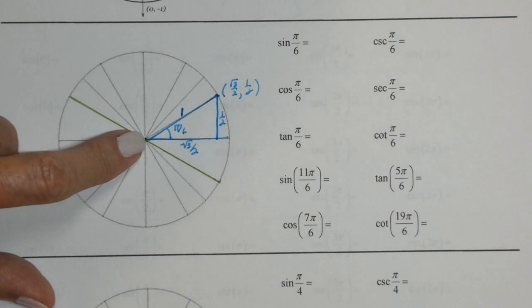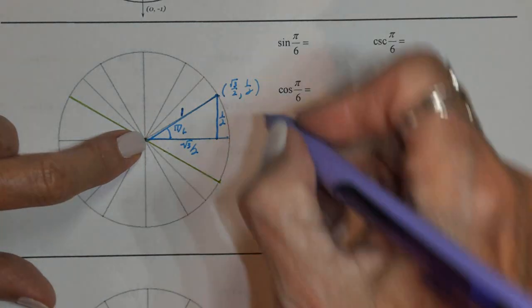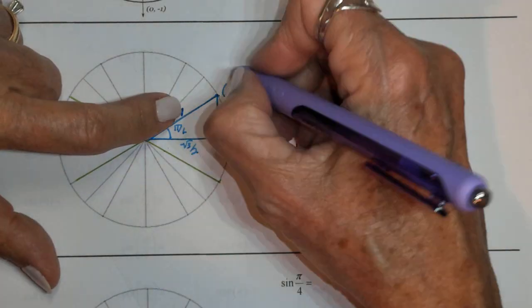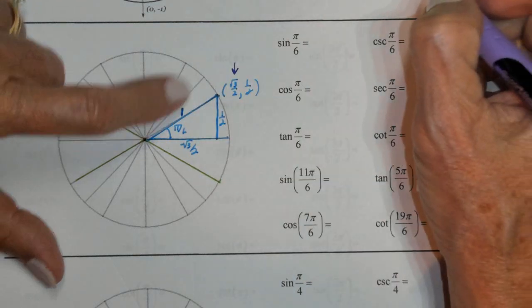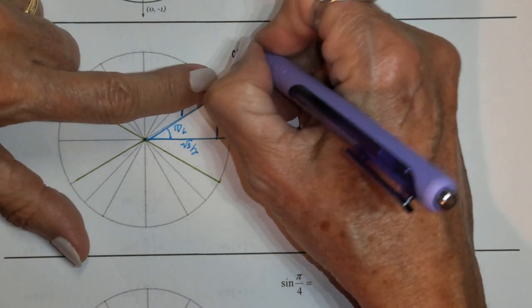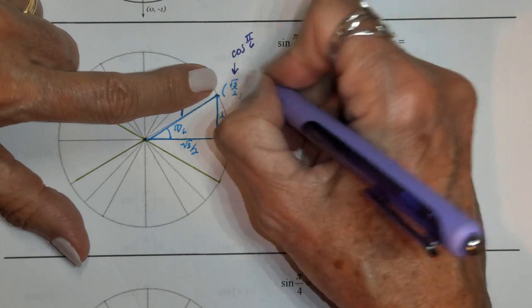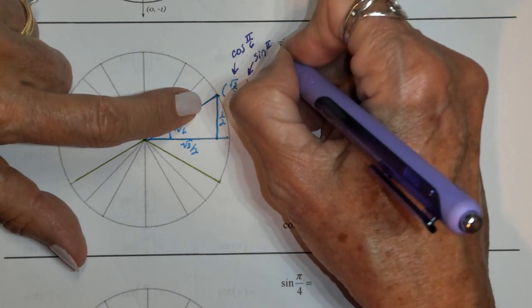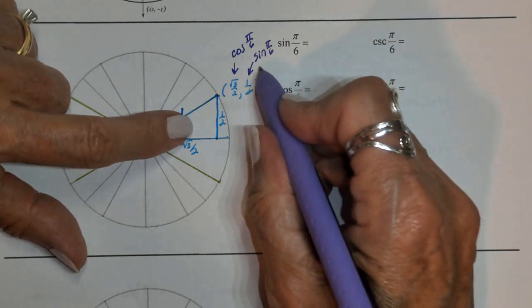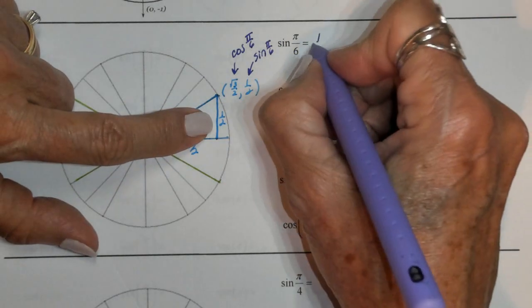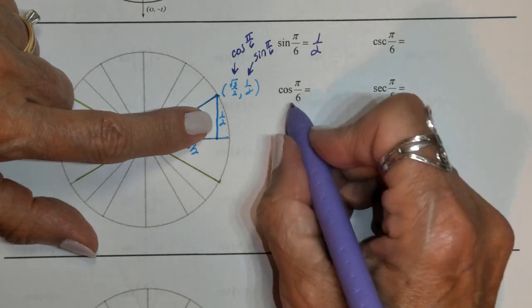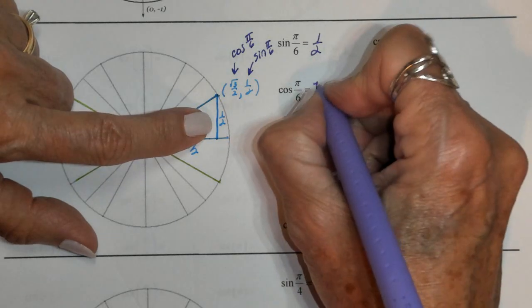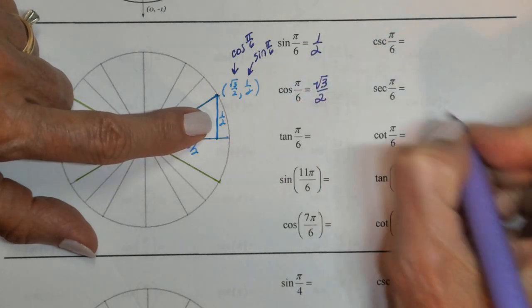So, now that I have that, since it's a unit circle, this x coordinate is cosine of pi over 6, and the y coordinate is sine of pi over 6. So sine of pi over 6 is 1/2. Cosine of pi over 6 is square root 3 over 2.